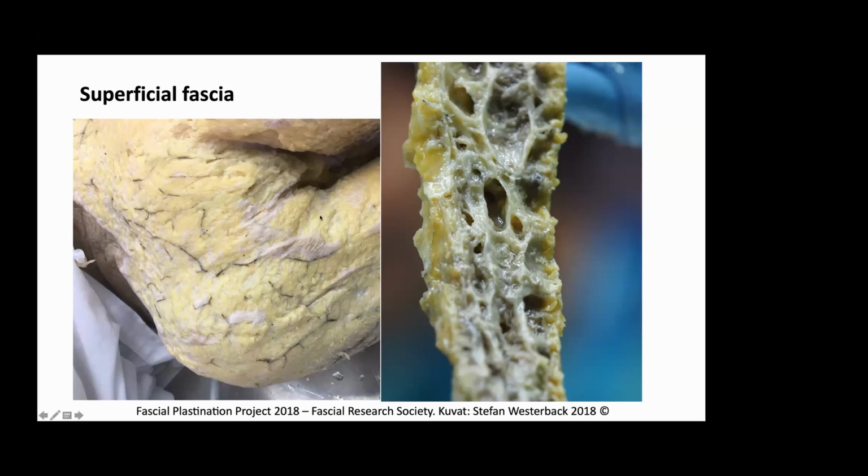And when we take part of this layer and look at the cross section of it, you can see that there are these kinds of lobules. So this here would be the superficial fascia itself. And then we are having adipose tissue in those bulbs or corners or lobules, you can call them lobules. So the human is covered with this kind of superficial fascia and a layer of fat.